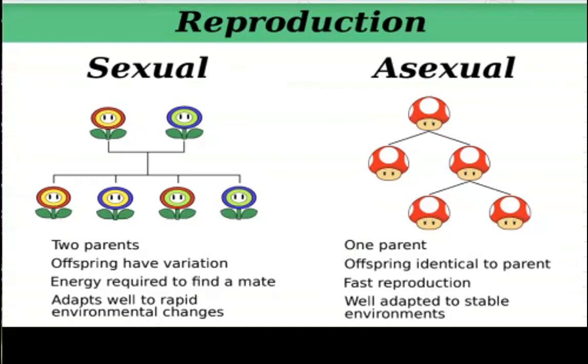We looked at reproduction. We know that sexual reproduction requires 2 parents. It takes a lot more energy, a lot more time, but it gives you a lot more diversity in your population. That's fine, Jonathan. Asexual reproduction is when you have 1 parent, and it's a lot quicker, a lot less energy, and you're making clones of the actual parent.